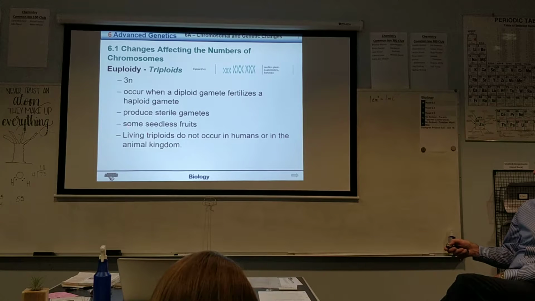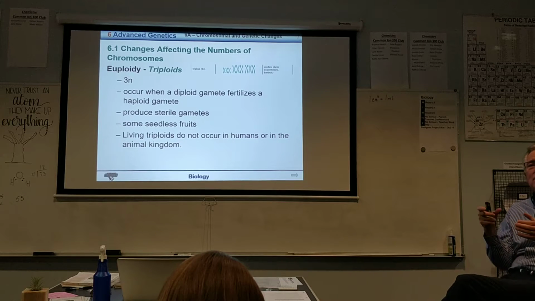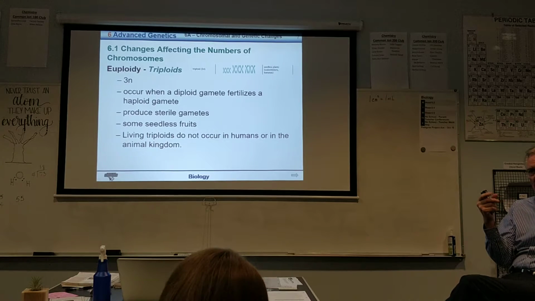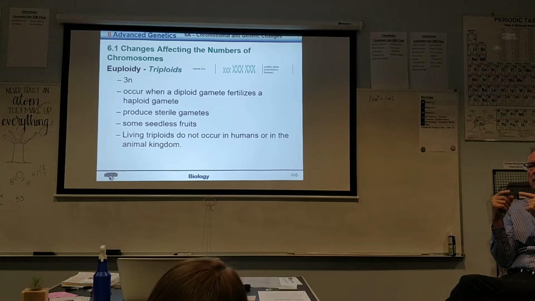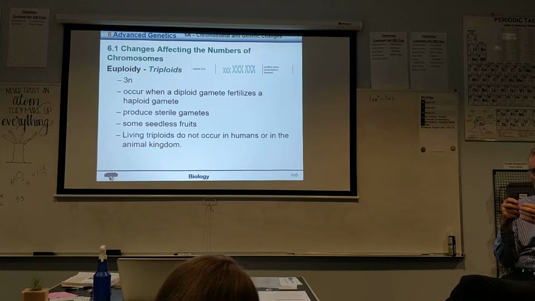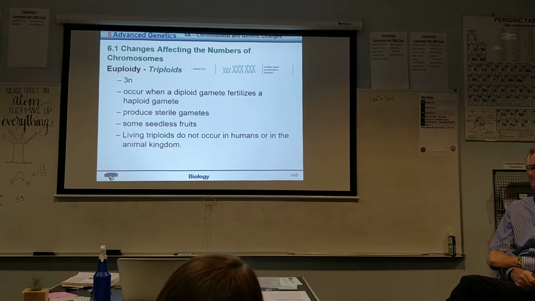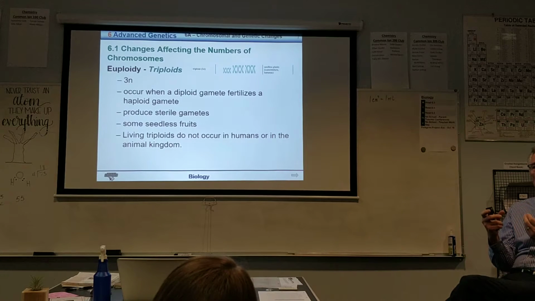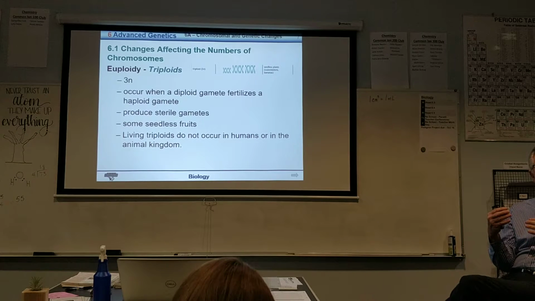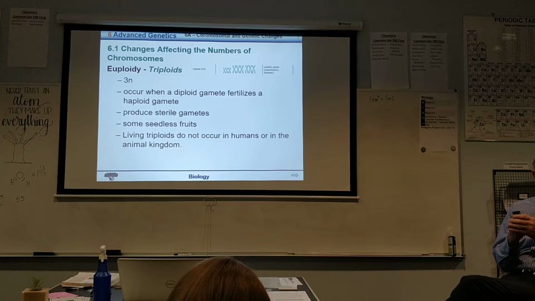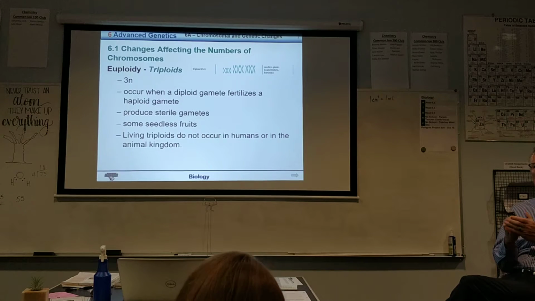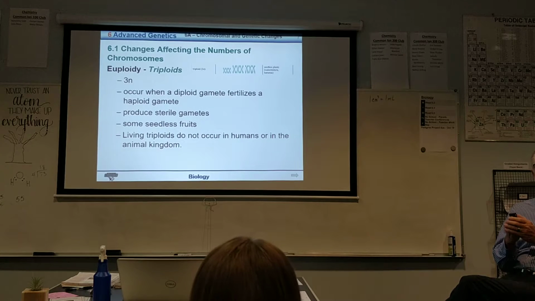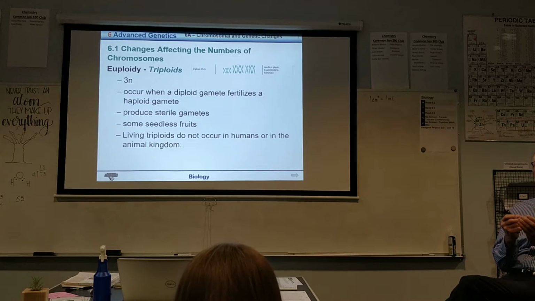Now, I think what I would have to say, based on this wording, living triploid, it might be that they get crossed and maybe the egg is fertilized, it grows to a certain point, but maybe the defects that organism has are severe enough that if it's a plant, the fruit never develops. Or if it's an animal, maybe that fetus dies or something like that.